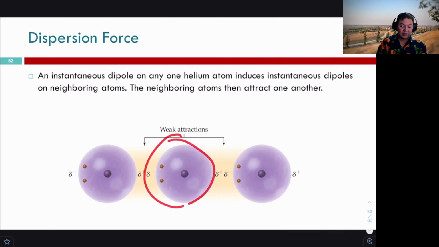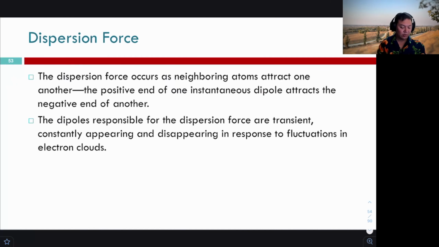So there's an amount of attraction between all of them, even if it's very small. Because you have to get helium down to about negative 260, 270 degrees Celsius before it actually turns into a liquid.